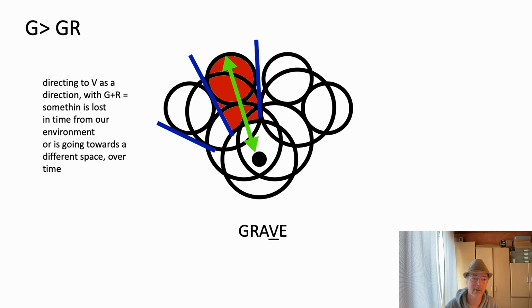So this is also even the object of the grave. Something is moved towards another space, a deeper space, or to somewhere else. These kinds of associations are recognizable in time and space in the word grave as a direction, because this direction is what it's all about.